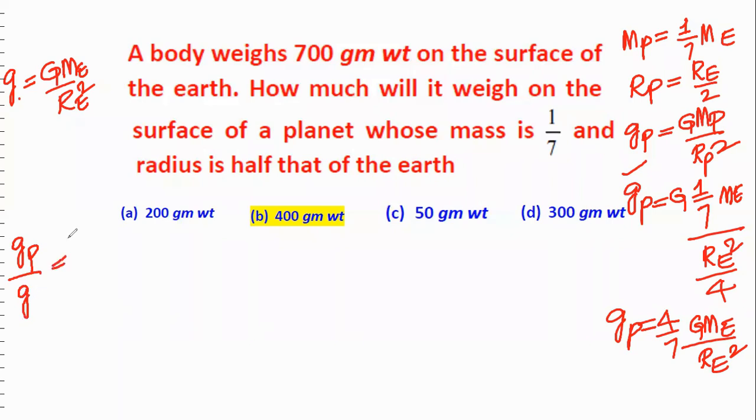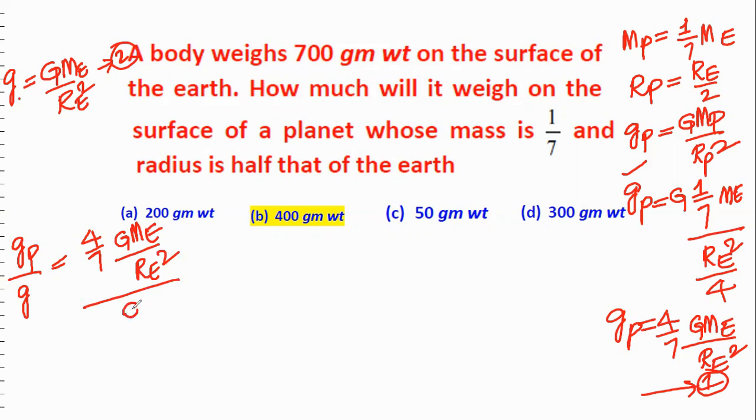Gp by G. This is, let us suppose, equation number 2. It is taken as equation number 1. Equation number 1 divided by equation number 2: 4 divided by 7 GMe divided by Re square, whole divided by GMe divided by Re square.